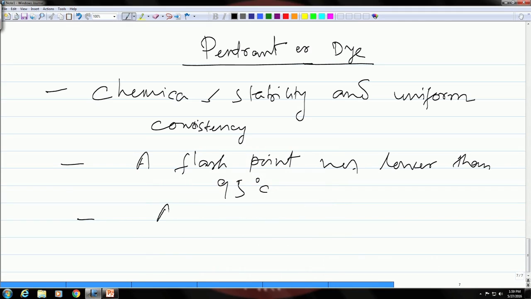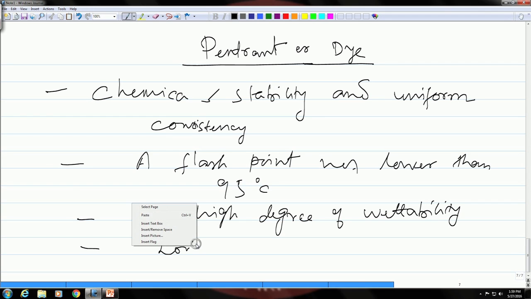And it should provide a high degree of wettability. As I told before, this wettability is the first requirement for this dye penetrant testing. So, you should have a liquid which will provide a higher degree of wettability provided your surface is clean. And it should also have low viscosity, so that you do not really have to allow a very long dwell time.